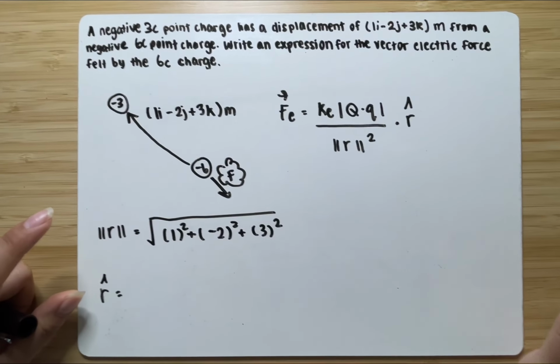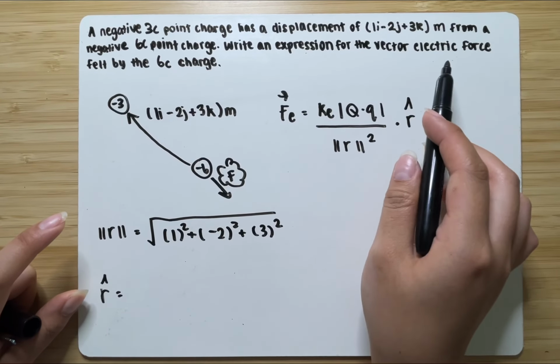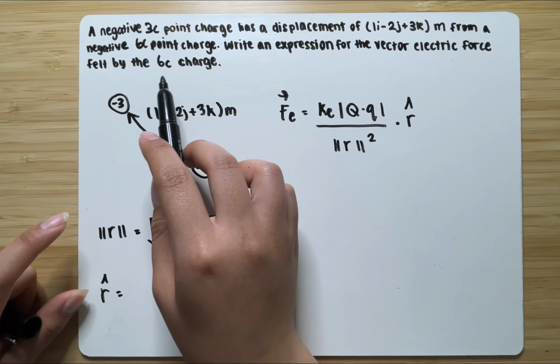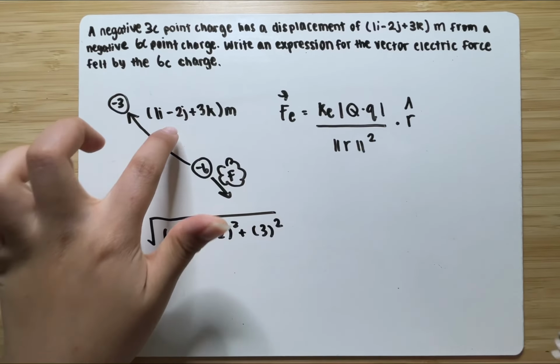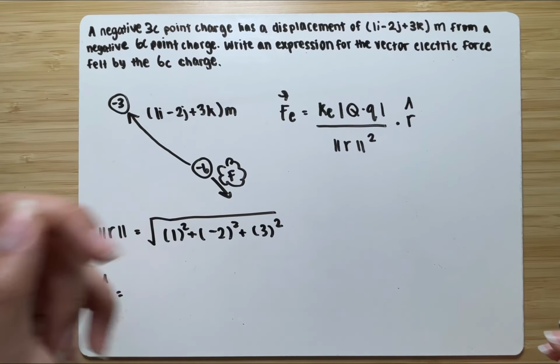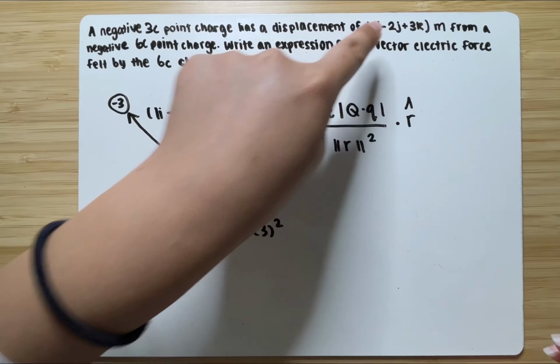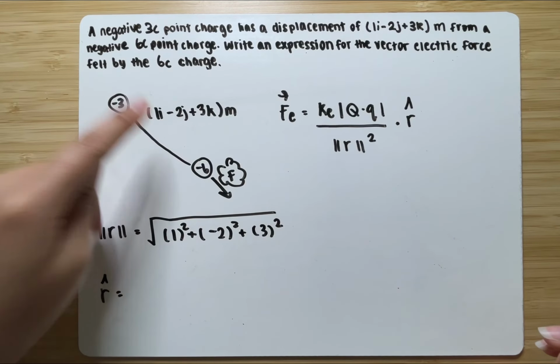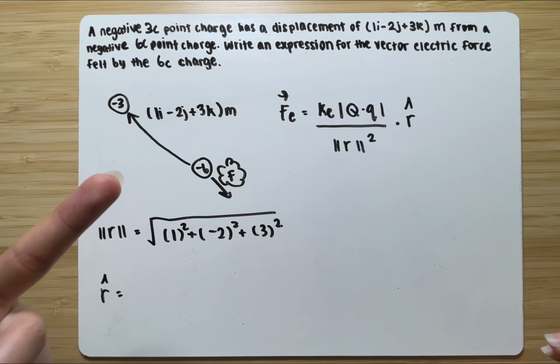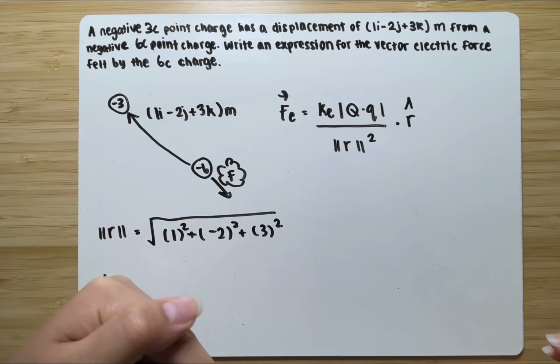But here's the thing. We want to find the vector electric force felt by the 6 coulomb charge, which is this way. But this vector is going this way, which means when we use this to find this, we use this, but we switch the signs because the direction is the opposite way.